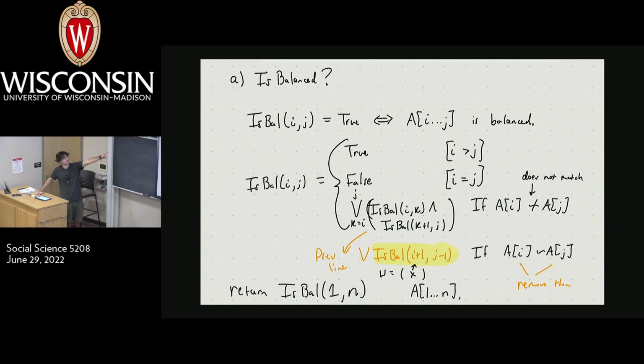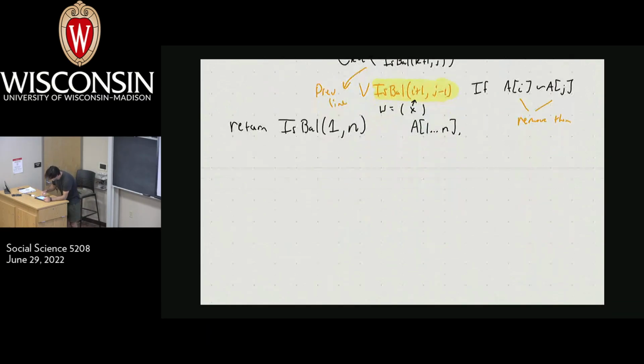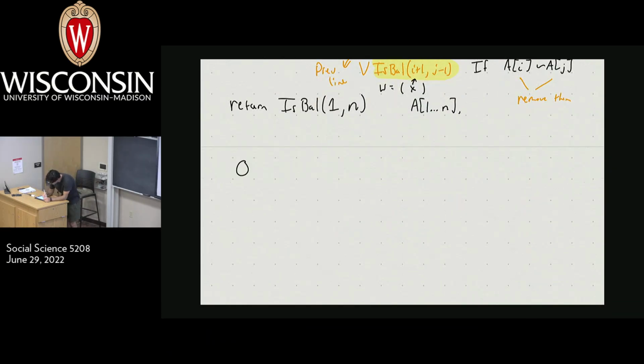So there's n squared subproblems, but we have the giant OR in the middle. So for each subproblem, we're going to have a for loop that takes n time in the worst case. So the running time is O of n cubed. We have O of n squared subproblems and O of n per subproblem.